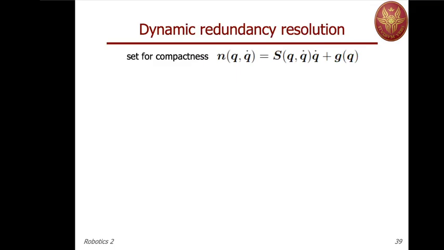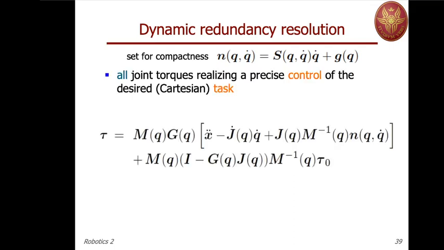In the model, for compactness of formula, we group the Coriolis and centrifugal and the gravity terms into a single vector n of q, q dot, and then we substitute the previous acceleration into the dynamic model, and we rewrite the acceleration q double dot 0 in terms of the equivalent torque tau 0. And we end up with this formula.